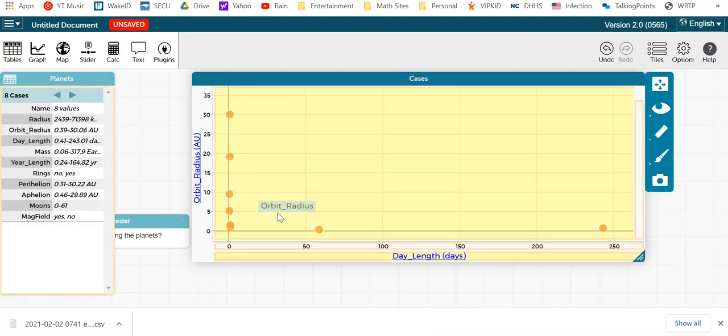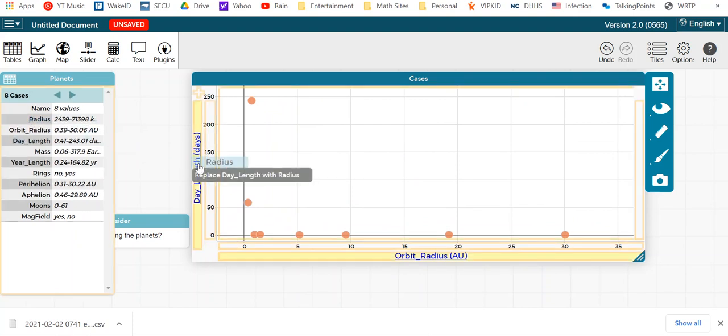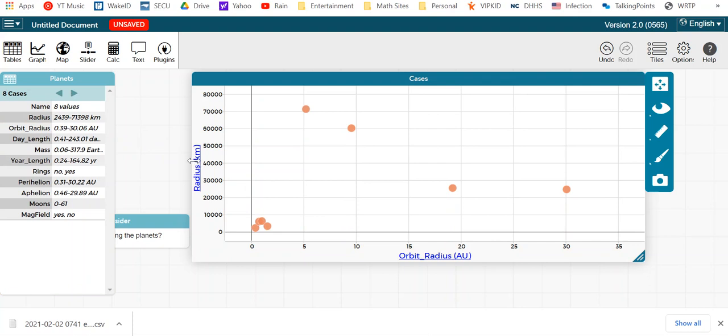Let's switch orbit radius down here and compare it to the radius. See if that does anything more interesting. And again, we have the larger planets out here, and then we have all the smaller planets down here.